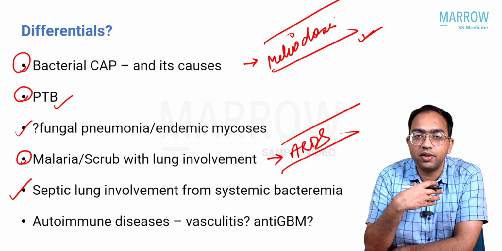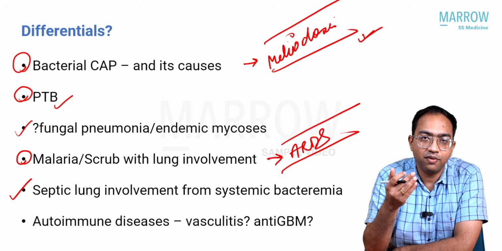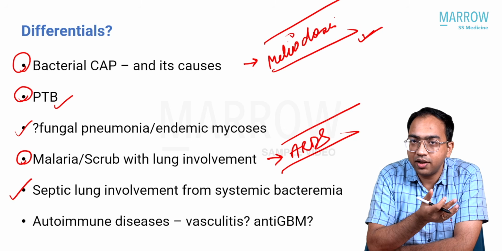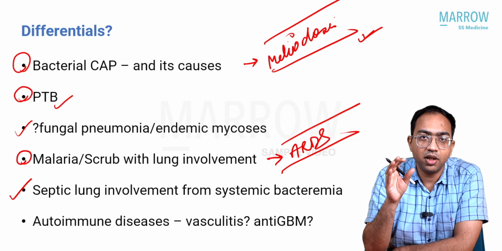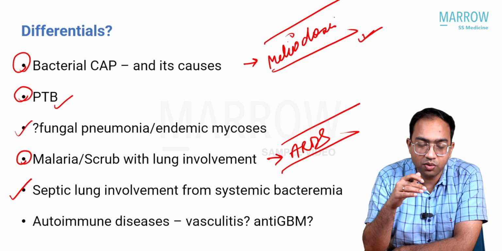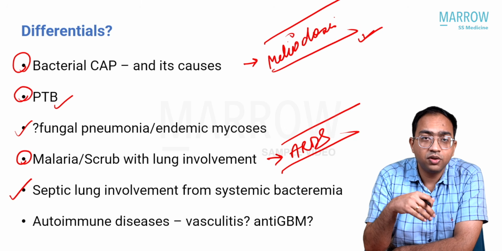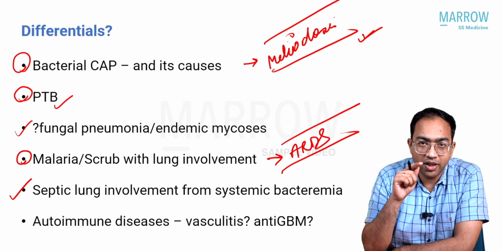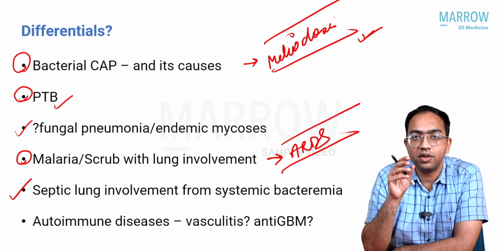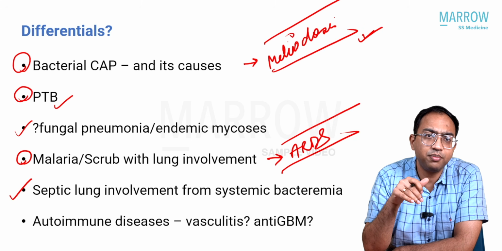So somebody say has bloodstream infection with staph or Kleb, somebody is having right-sided endocarditis or line-related sepsis, they can have septic emboli to the lung that can lead to similar presentation.